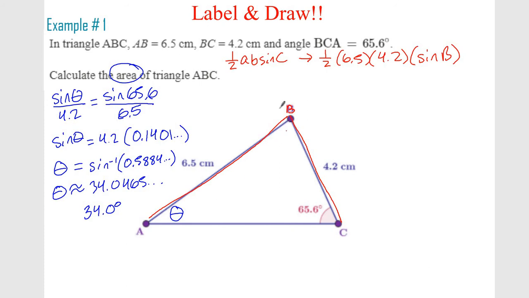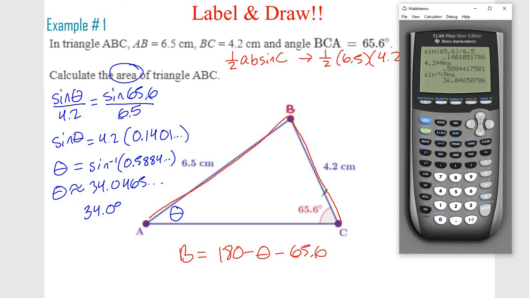So to get this angle, all right, B would just be 180 minus theta minus 65.6. So luckily it's still in our calculator. So we're going to do 180 minus our answer minus 65.6. And we get 78.35.